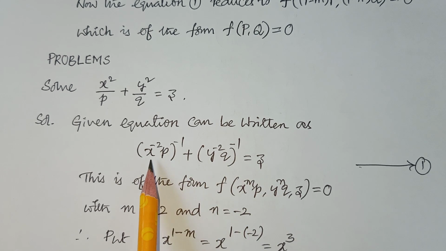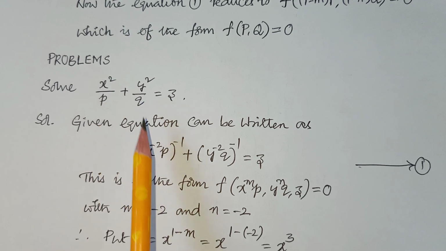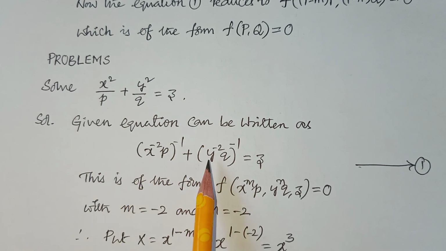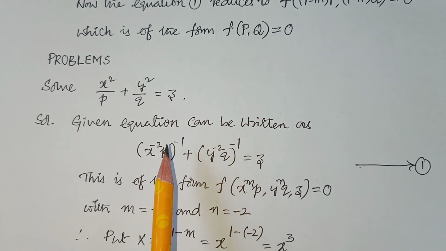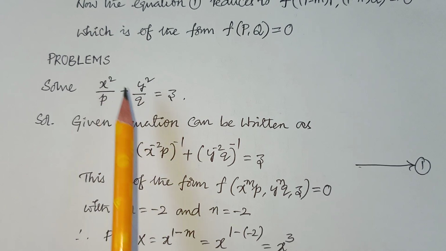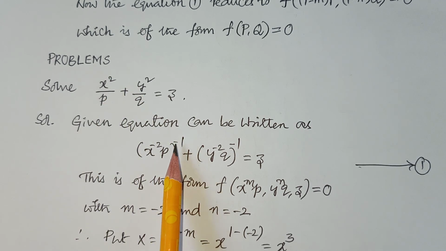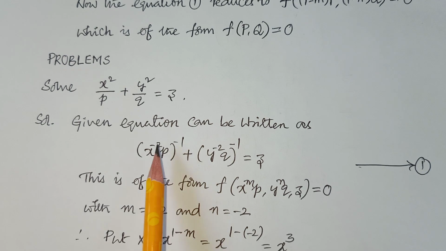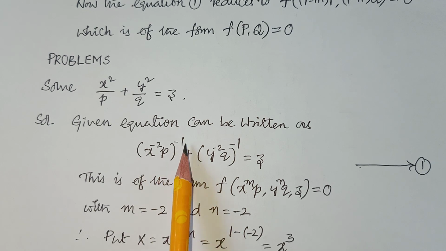Now we can observe x power m into p. Let us make every term have a combination like px, qy in the numerator, and that's why we are writing the given problem in this form. Since I have x power 2 here, but p is to the power minus 1, that's why I took it as x power minus 2, p whole power minus 1.